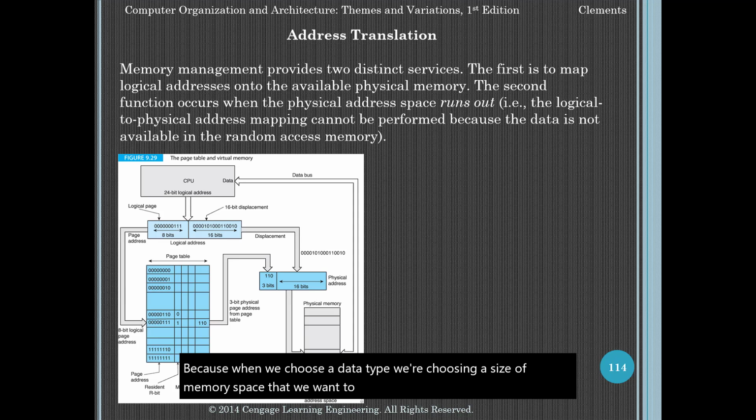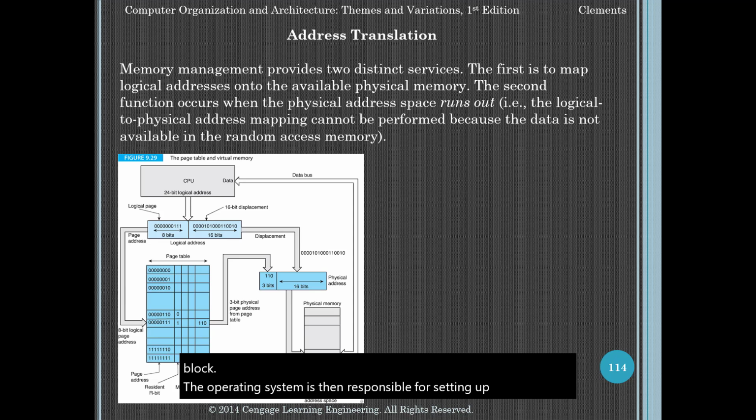And so what that really comes down to when we say that you're choosing, the programmer does not have to think about the logical addresses or how they map onto the physical memory space, or the fact that they may or may not be together in the same block. The operating system is then responsible for setting up the logical to physical address mapping tables.